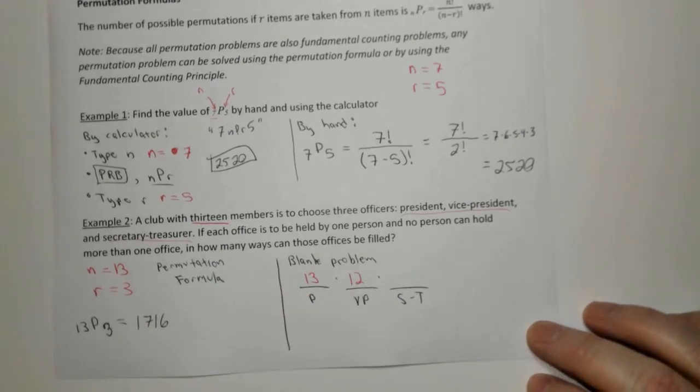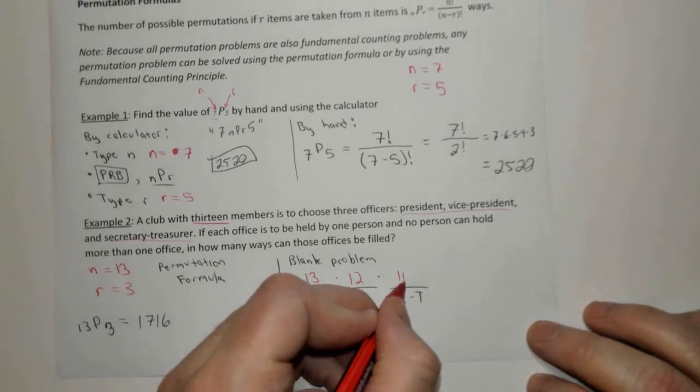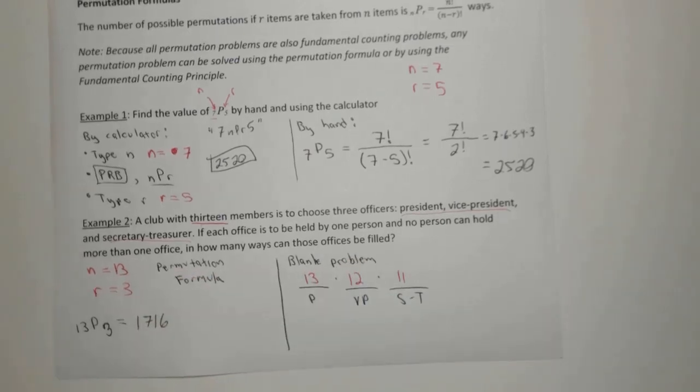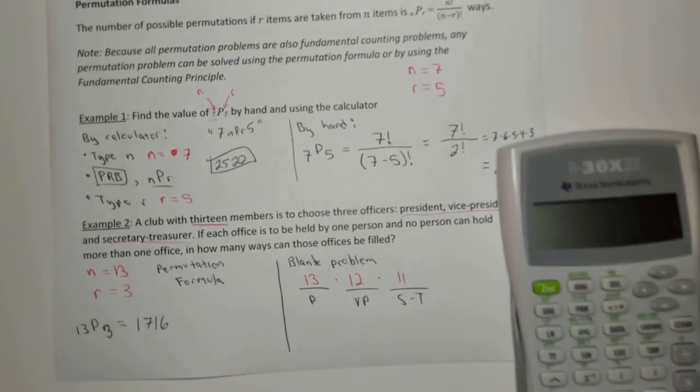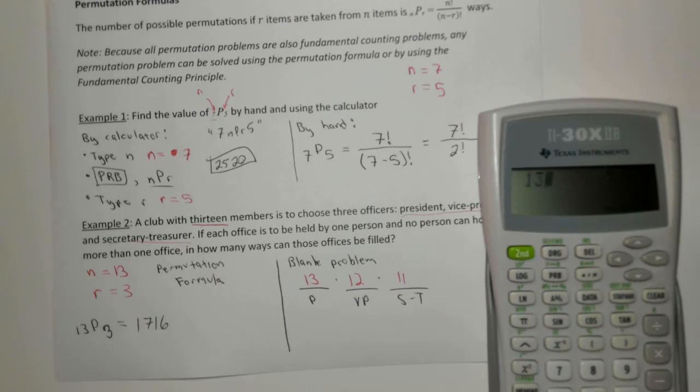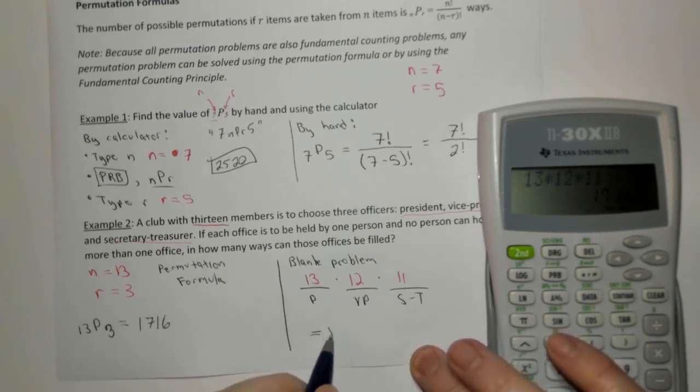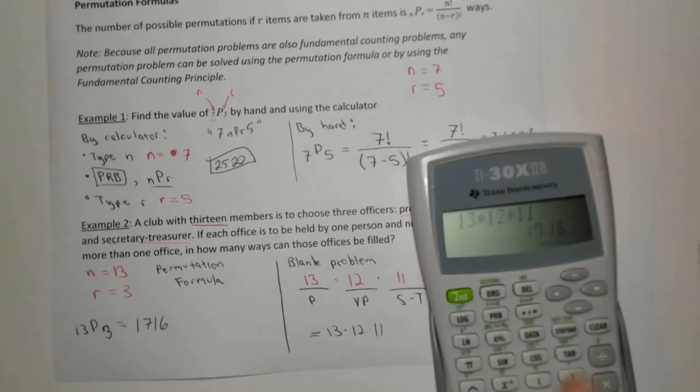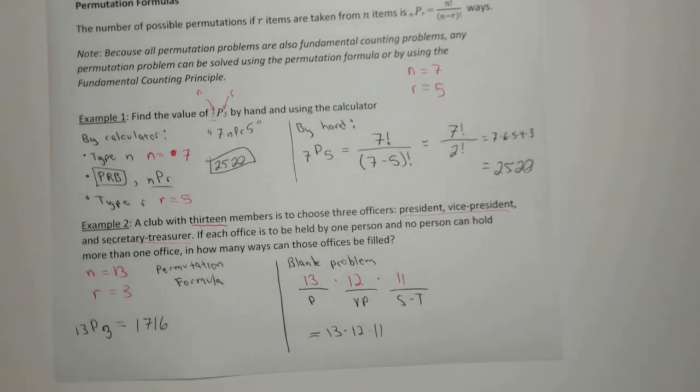And then we have 12 that could be vice president, 11 that could be secretary treasurer. So I'm hoping that when I type this in, I also get 1716. And there we go. Okay. So you could work these both ways on a test just to make sure that you get it correct.